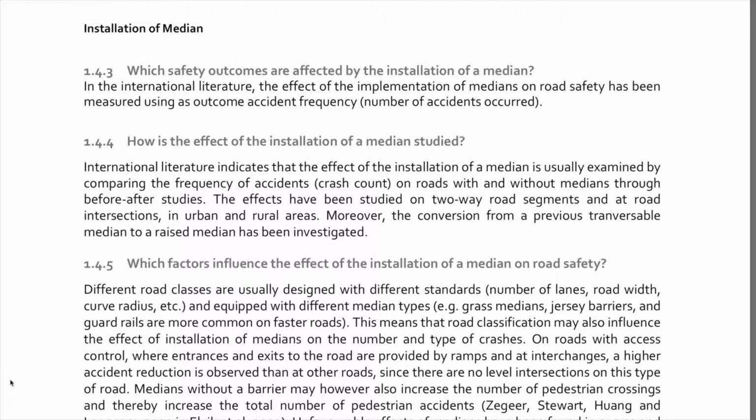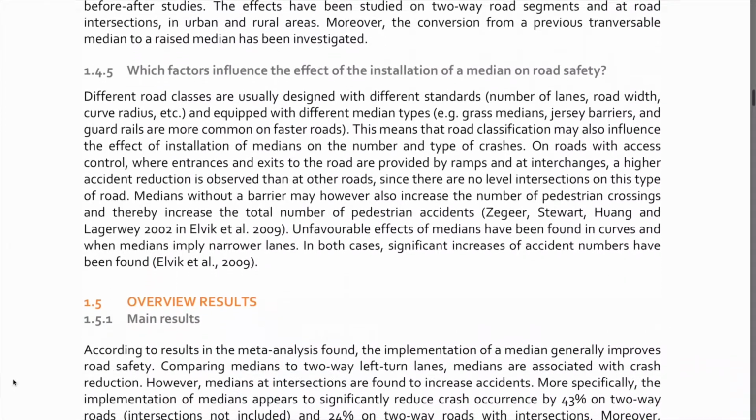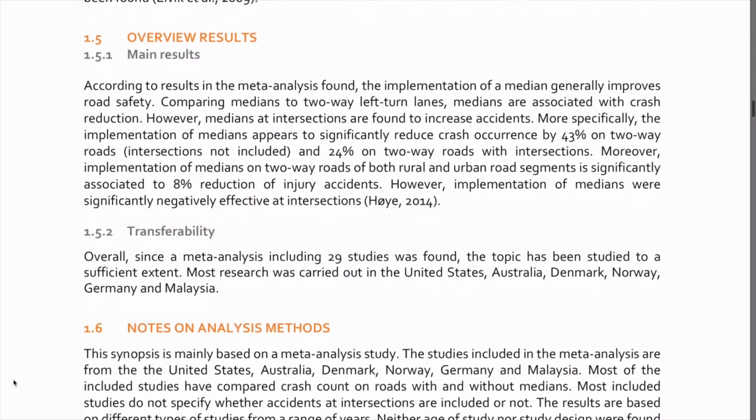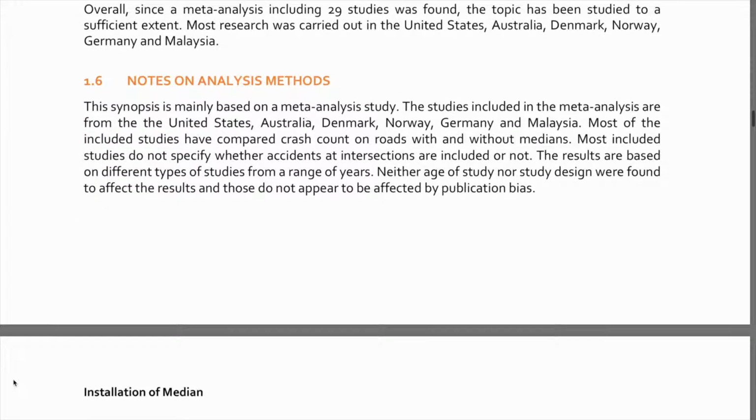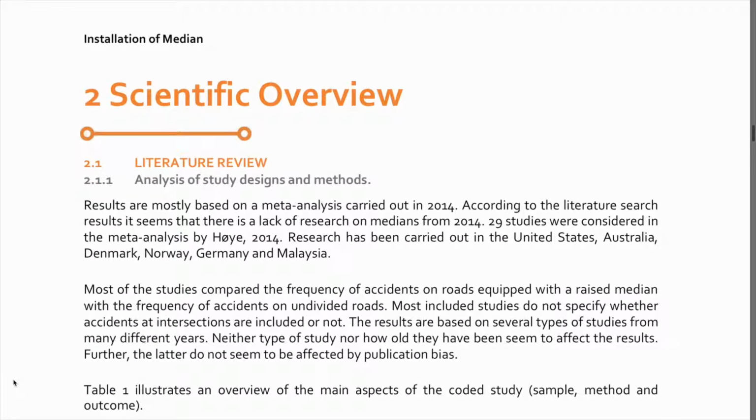An overview on the main results and the transferability of the measure to other settings and notes on analysis methods conclude Part 1. Part 2 is a scientific overview on the findings and details of the literature review.